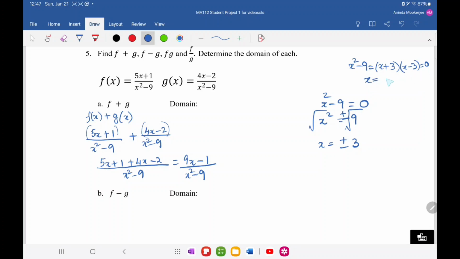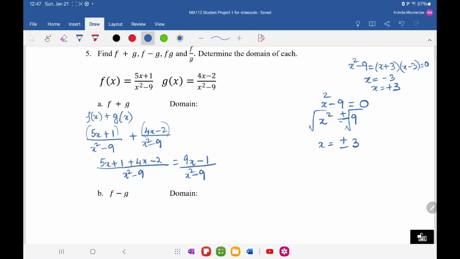So we have x equals negative 3 and x equals positive 3. Whichever way you are comfortable with, just solve for x. So we got x is plus and minus 3, two values. Now we have to exclude these two values when listing the domain.